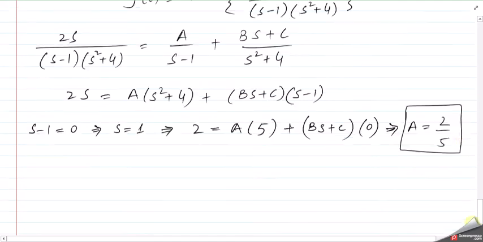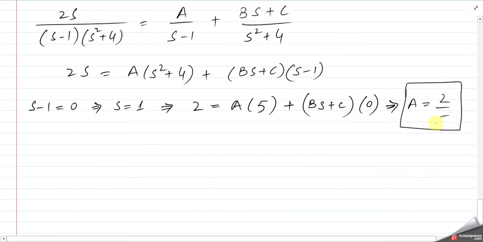I don't like 5 in these questions, and we have 5 in this question. Please do not put s square plus 4 equals 0. This will not work. Do not use the quadratic term equal to 0; only the linear term we can use as 0.